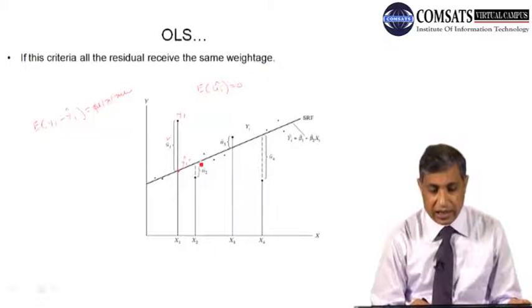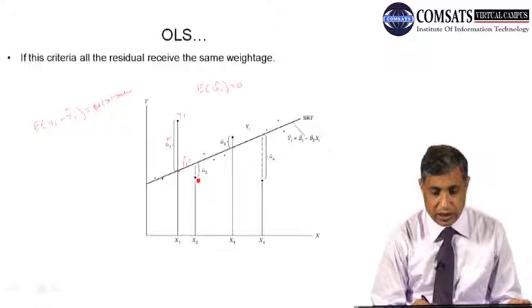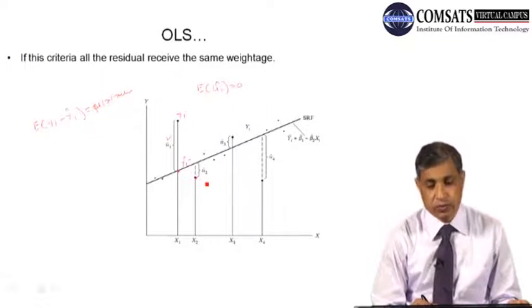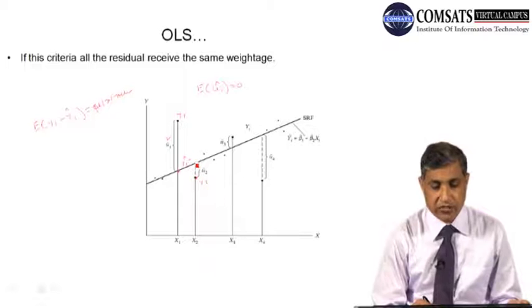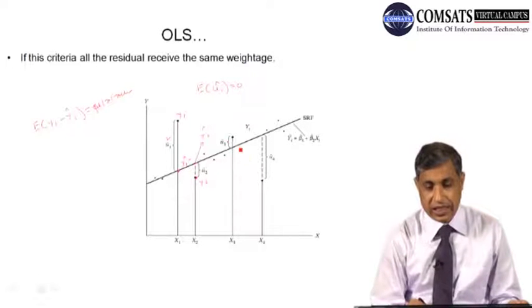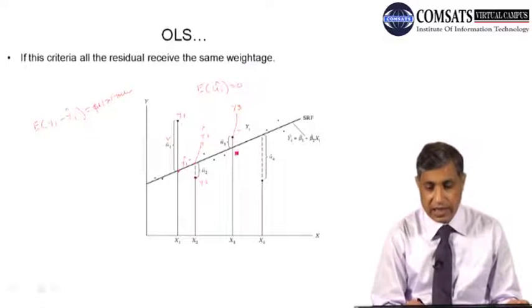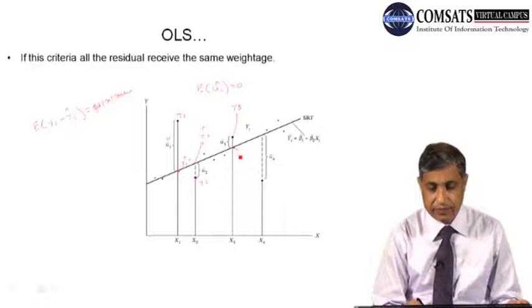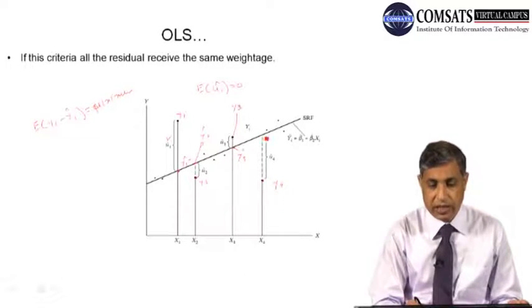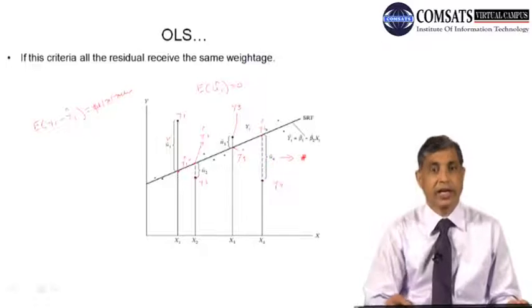This point was y2 and you estimated y2 here, this is y2 hat. This was the y3 value, the original or actual value, and you missed it here and estimated y3 hat. Similarly the actual value was y4, and you estimated it at this point as y4 hat and missed it by u4 hat.